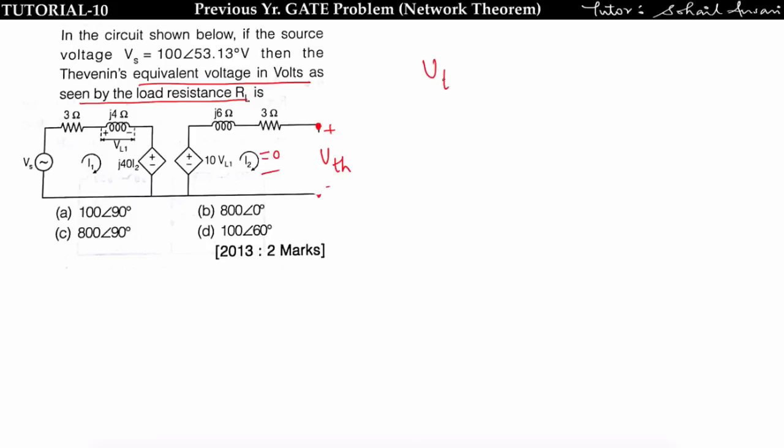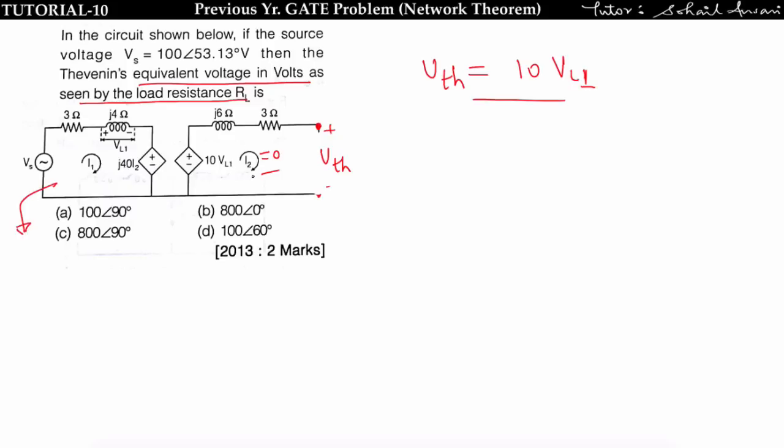So finally, applying KVL, the voltage drop across this impedance will be 0 because current I2 is 0. So VTH is equal to 10 VL1. Got it? Now find VL1 by using this circuit.